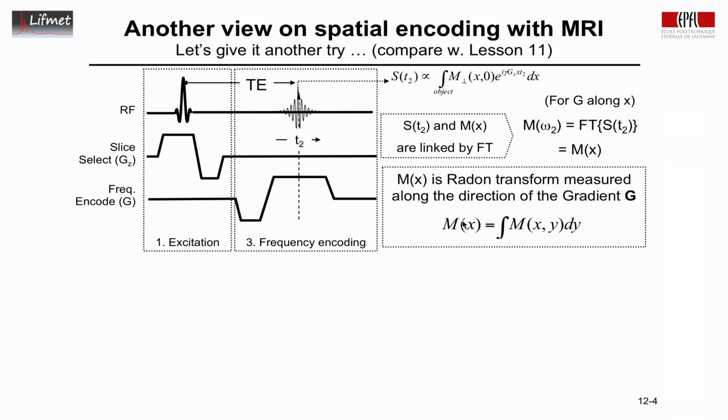That's our magnetization along x. And so it turns out that after Fourier transform of our echo, of this signal, we're getting m of x, and m of x is the Radon transform of the magnetization along the direction x.